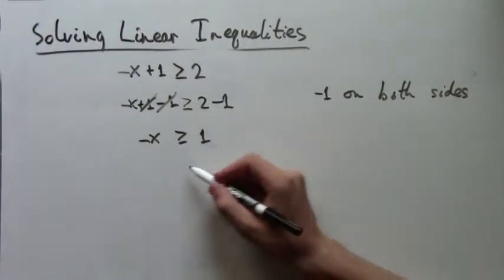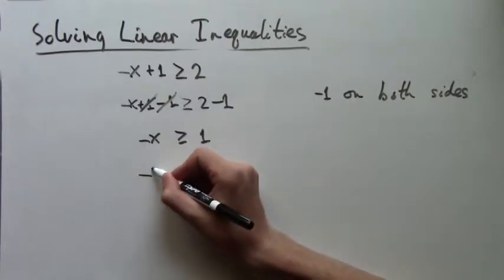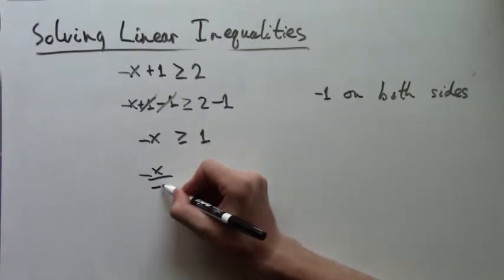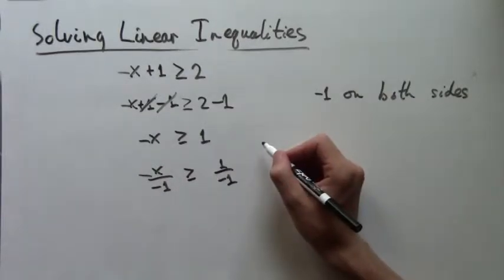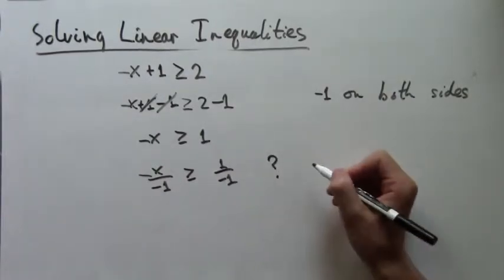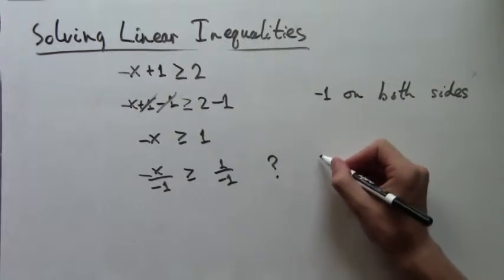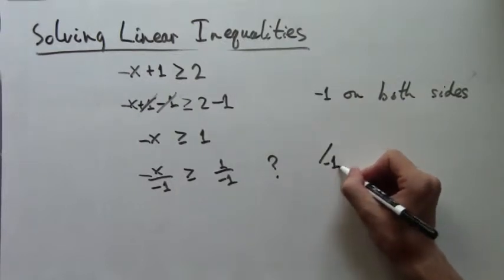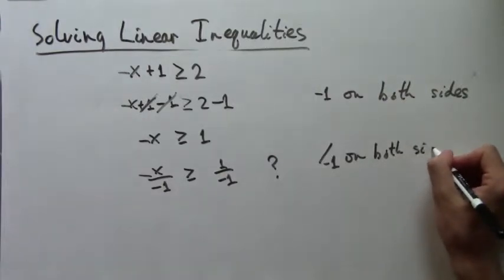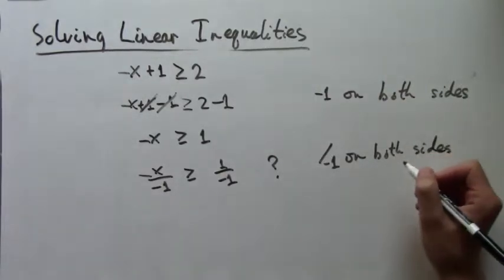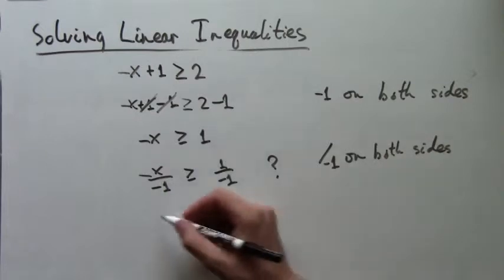So now we will learn about this exception in inequalities that I had mentioned. Of course, we want to divide by negative 1 because we just want x, not negative x. So if we divide by -1 on both sides, the inequality should remain the same, right?